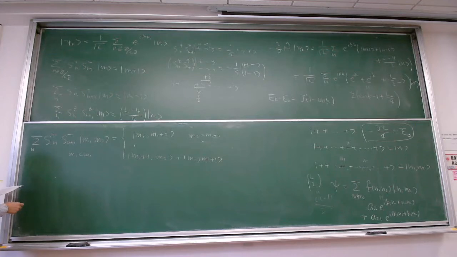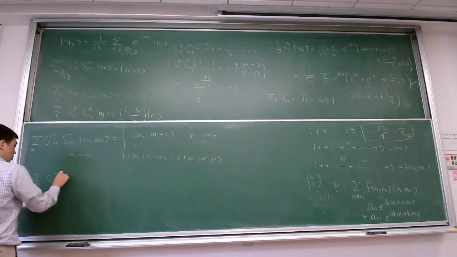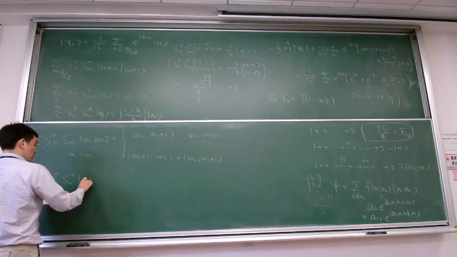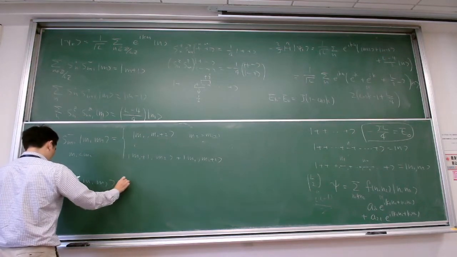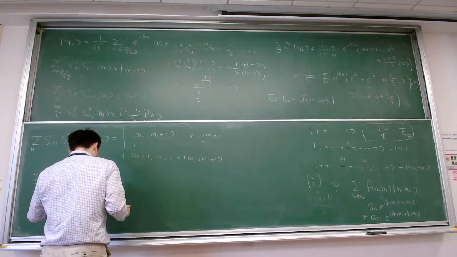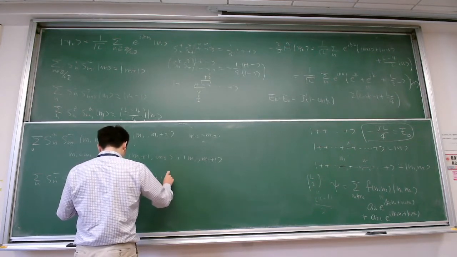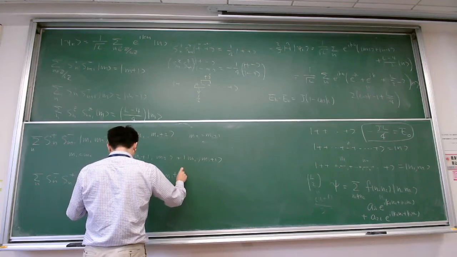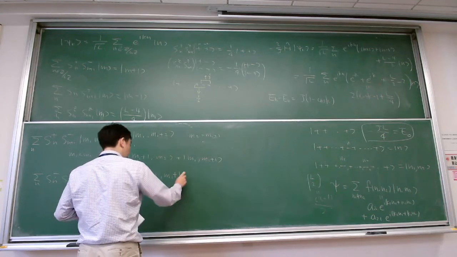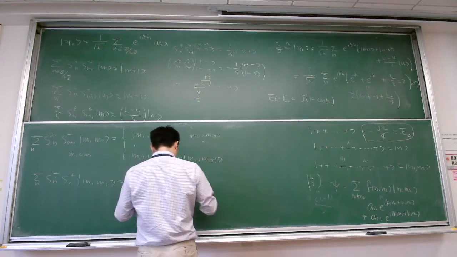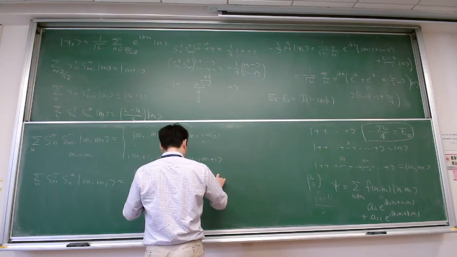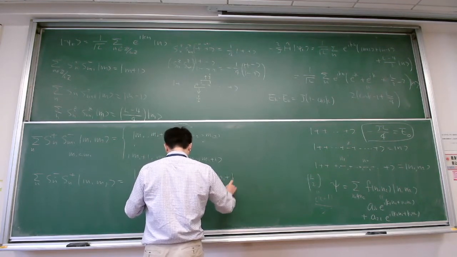Okay, then we can do a similar thing. So sum of n minus Sn plus m1 m2. This is equal to m1 minus 1, m1 plus 1, when M2 is equal to M1 plus 1.